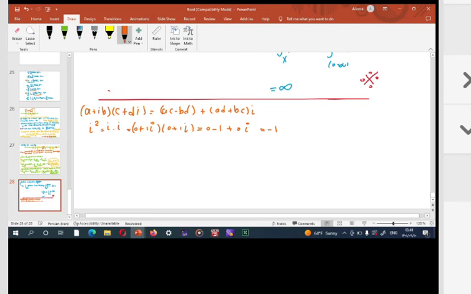And any real number can be considered as a complex number.